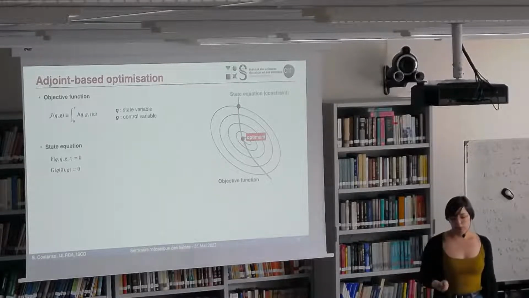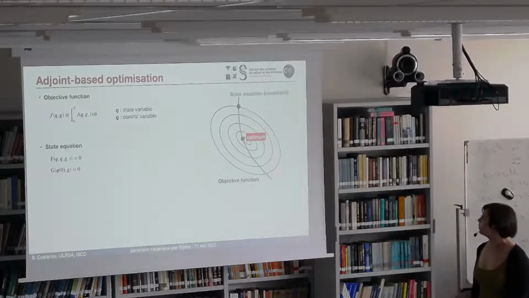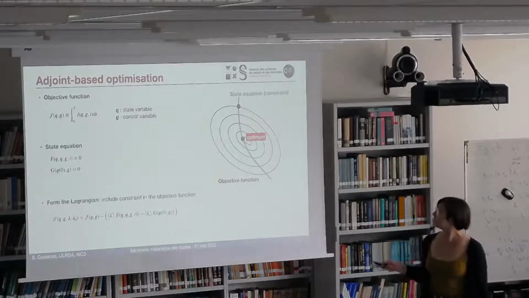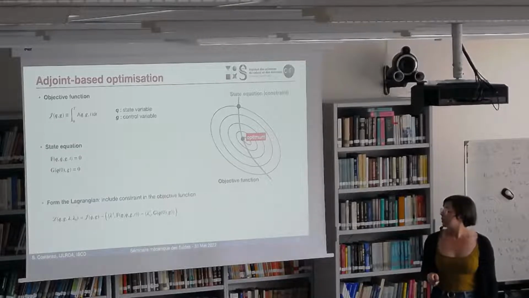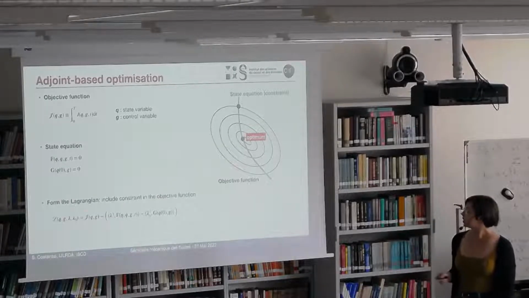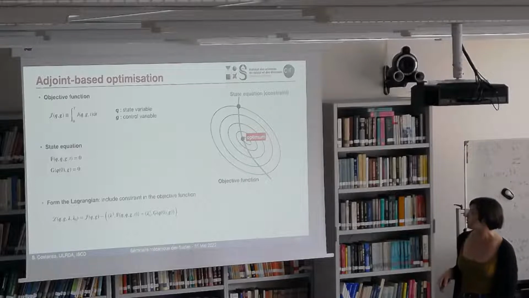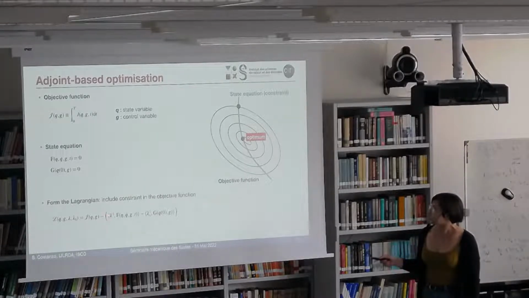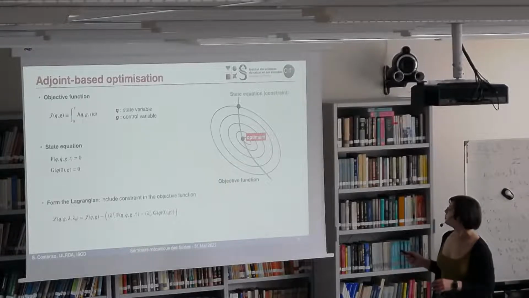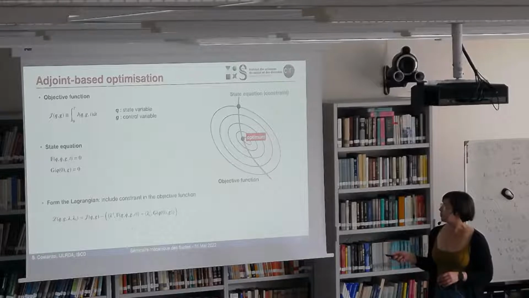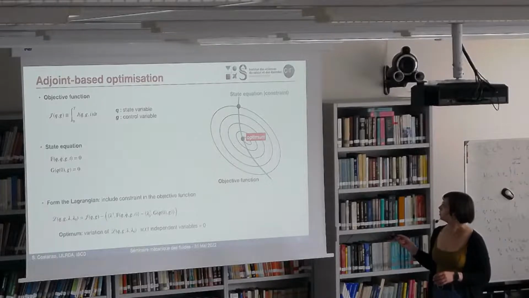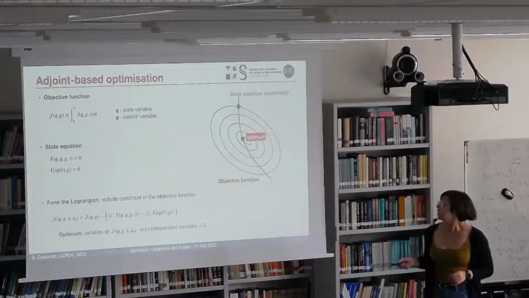For doing this with an adjoint-based method, I have to include my constraint in the objective function. We use a variational approach, so we form the Lagrangian and include the constraint in the objective function, adding some Lagrange multipliers. At the end, if I want to find my minimum, I have to find the derivative of this Lagrangian with respect to the design parameters.